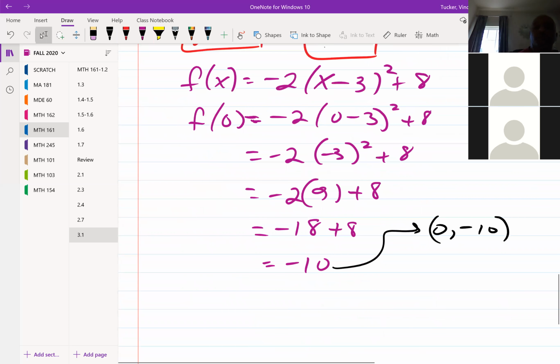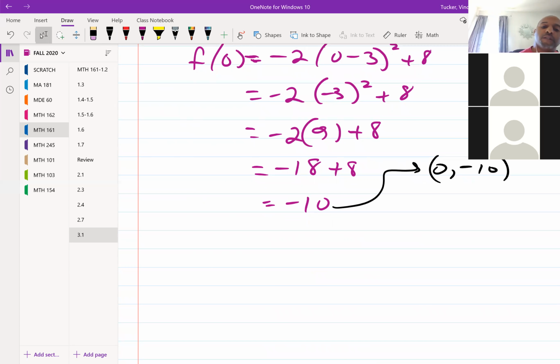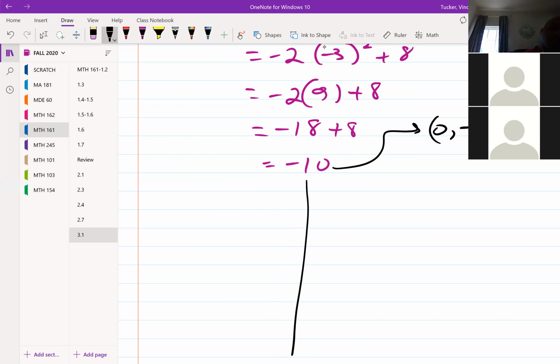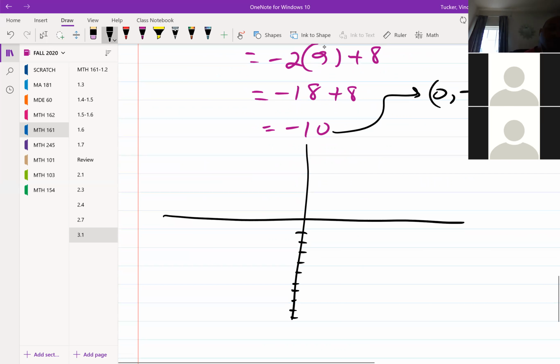So let's try graphing these points and see what we have. We know it's going to open down for us.